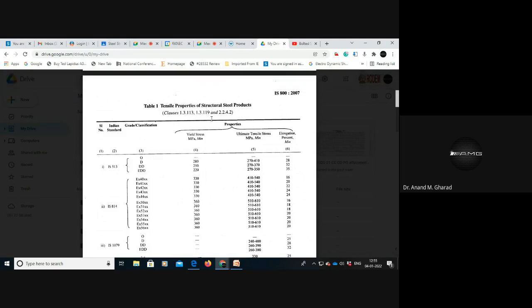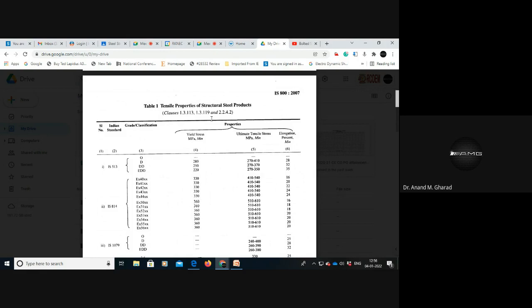And while solving numericals, we will take care to give the reference of all the relevant clauses. This will help you in making a report. See, whenever you join any company, there are a few expectations from any engineer: first of all, that engineer should be able to design certain components, and once that component is designed, the next process is the construction phase.